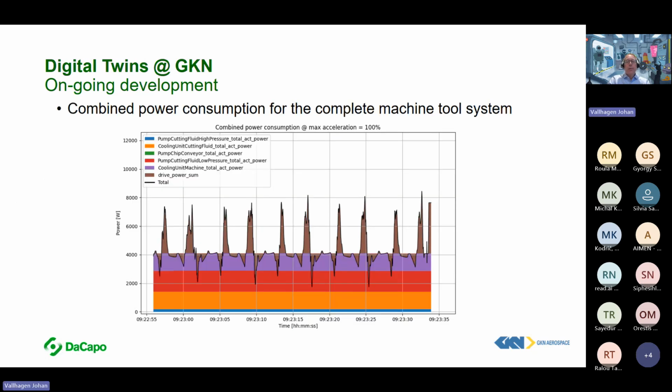And if you put that in the perspective of what the total machine system actually consumes, the feed power of the machine component axes is the brown diagram here with all these peaks when it moves, but the biggest contributors are the more static consumption from different pumps and cooling units of the machine.